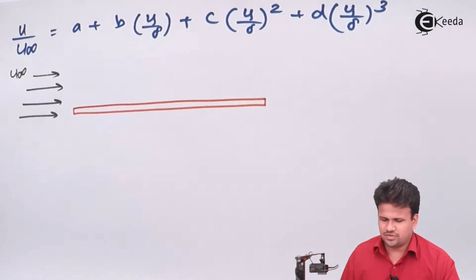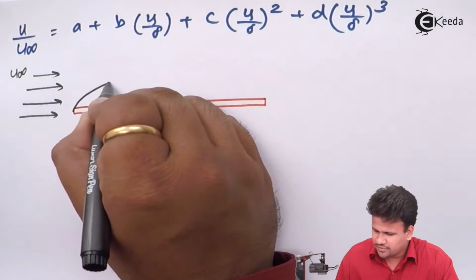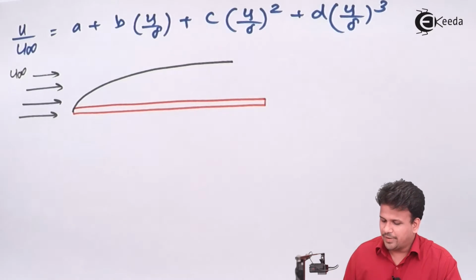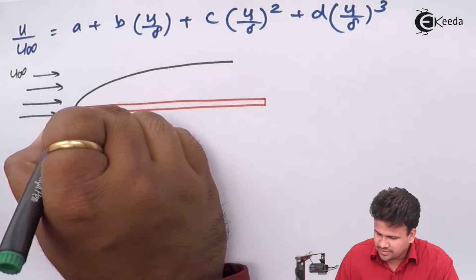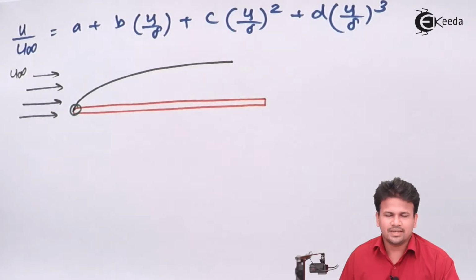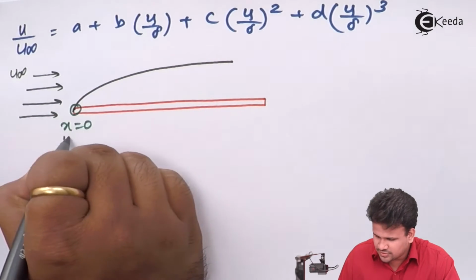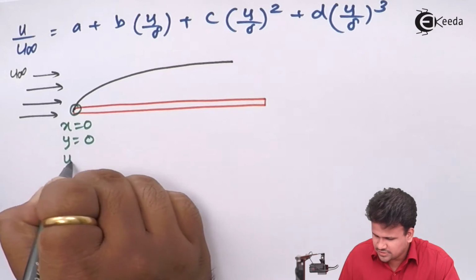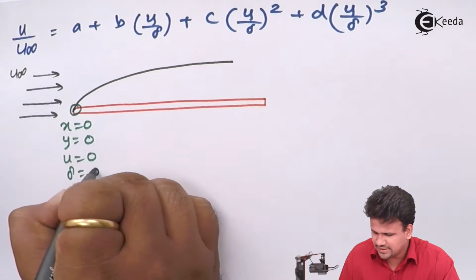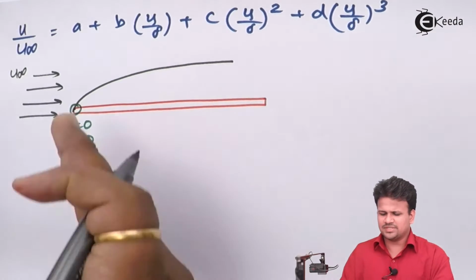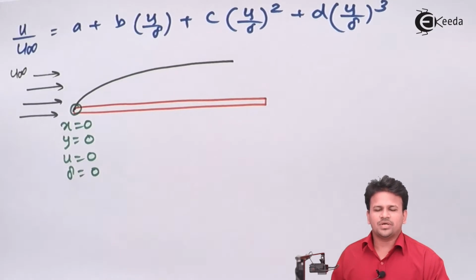Now during the movement of air there is a formation of boundary layer. This point is called the leading edge. Here the boundary condition is x is equals to 0, y is equals to 0, u is equals to 0 and delta is equals to 0. So this is the origin point or the point of leading edge.